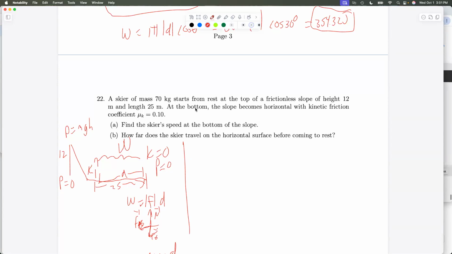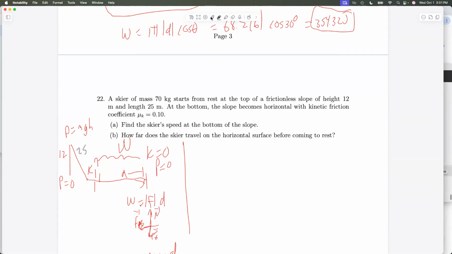Oh, again, it helps to read the question correctly. This is not 25. This is d. Let me erase that. They meant that this length is 25. Who cares about that length? That length didn't play any role whatsoever. So this is not 25. When they said 25, they meant this side over here.